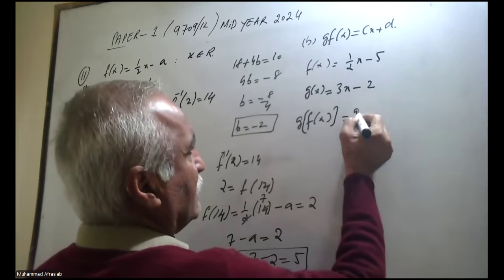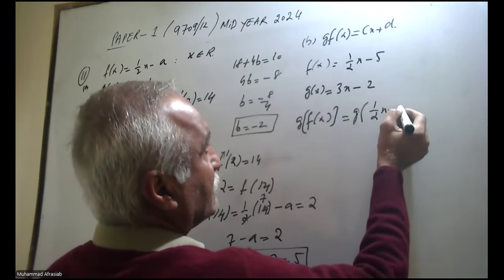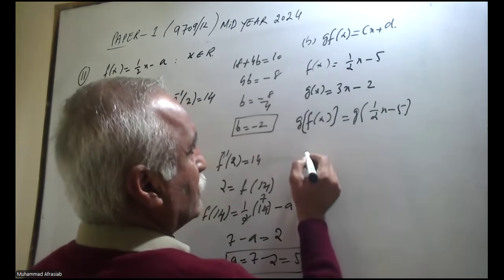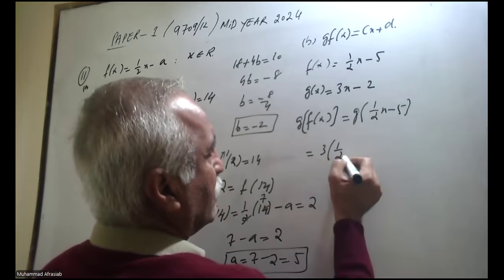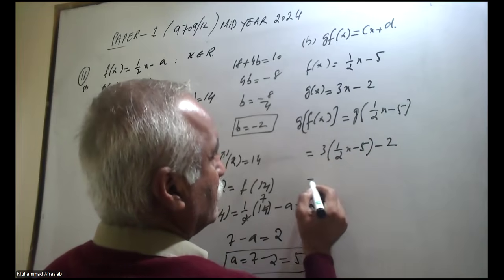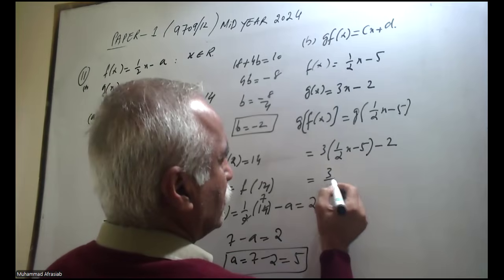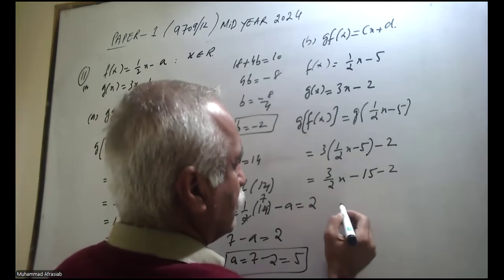So this is g as it is. f of x is basically equal to half x minus 5. So this will become equal to 3 into half x minus 5 minus 2. This should be equal to 3 by 2x minus 15 minus 2.